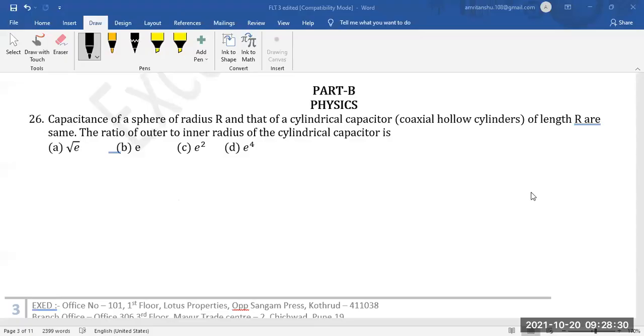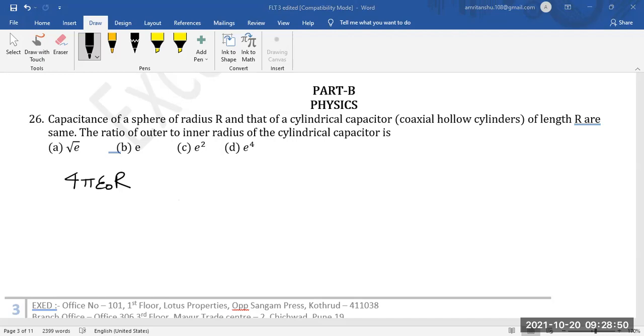Question number 26 says the capacitance of a sphere of radius r and that of a cylindrical capacitor of length capital R are the same. So we all know spherical capacitance is how much? 4 pi epsilon naught R. And what is cylindrical capacitance given as?